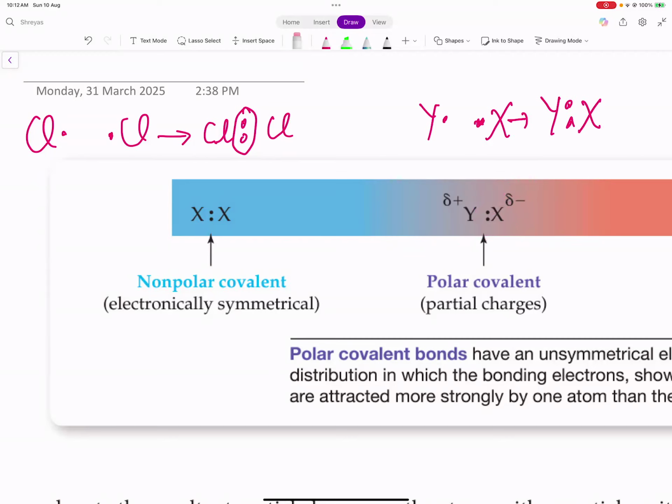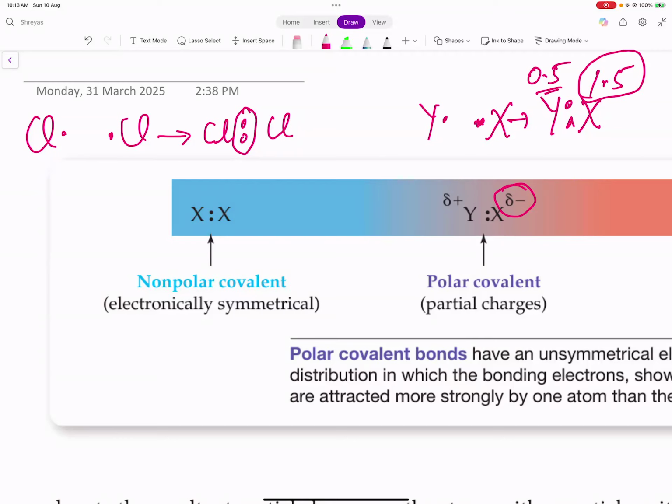The dots are shifted more towards the prime minister. Both have brought 1 each, but X, the prime minister, is keeping 1.5, and it is giving the chief minister only 0.5. So it has become delta minus because it has acquired slightly more. Not fully, slightly.